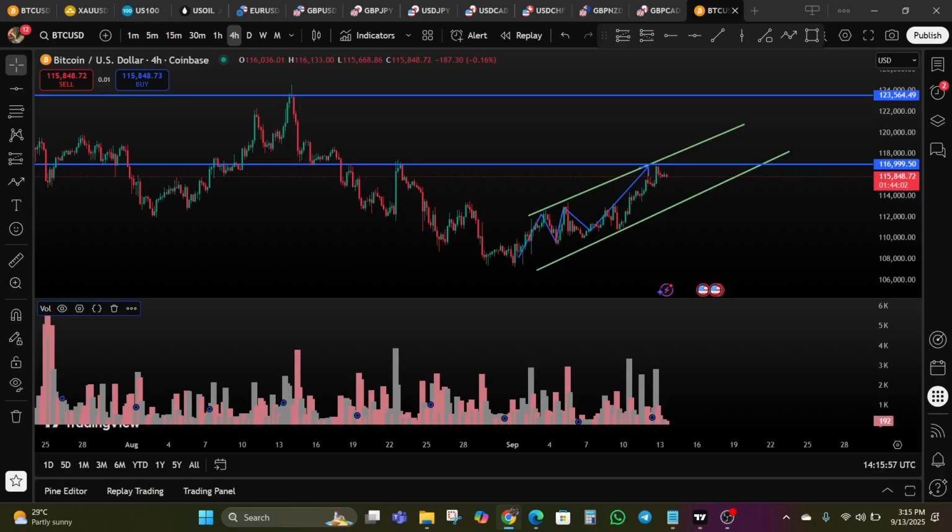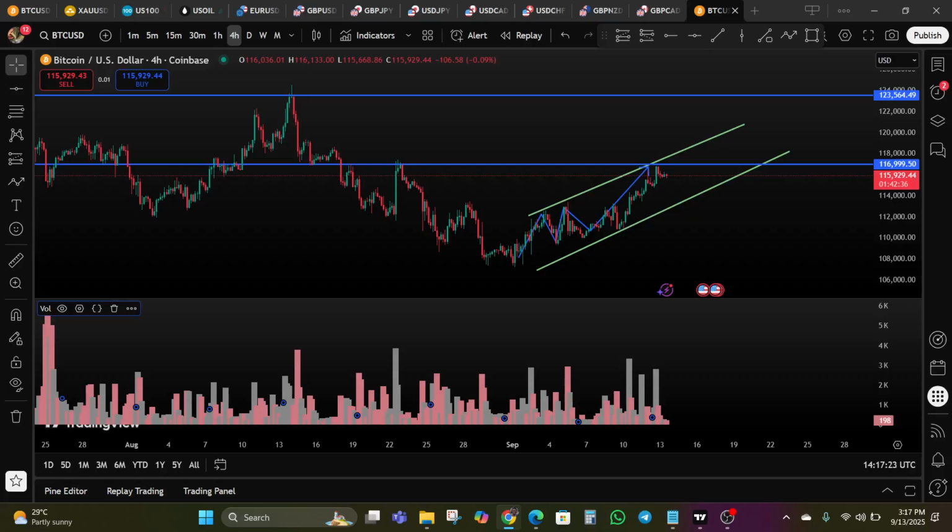Now let us talk about how to use the volume indicator in a trading strategy. The most effective approach is to combine it with other tools.